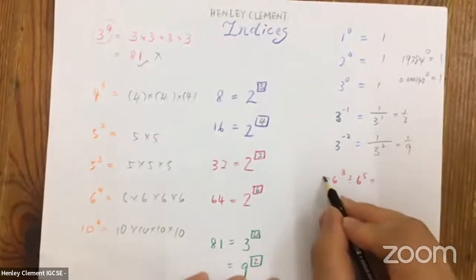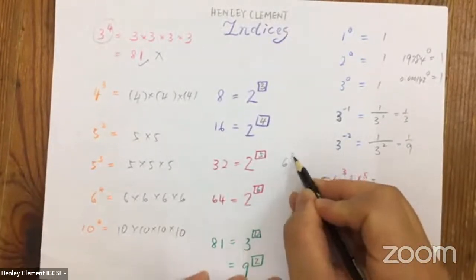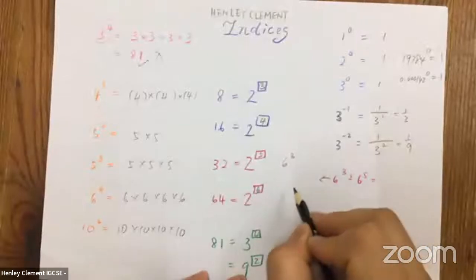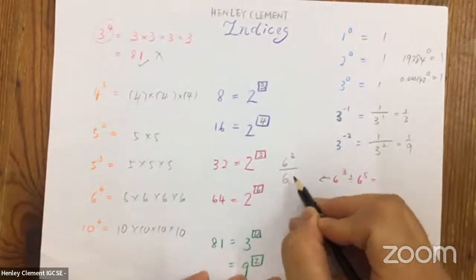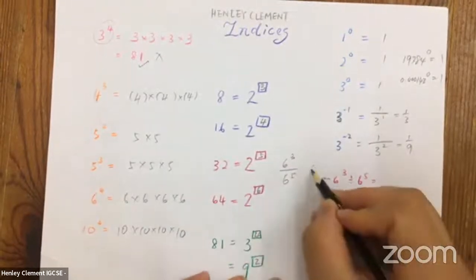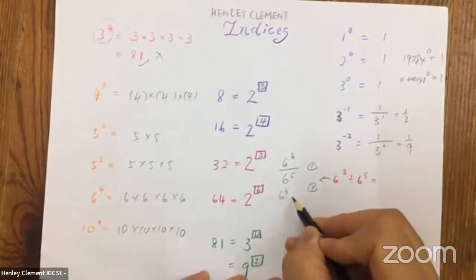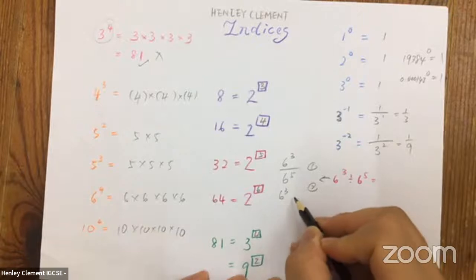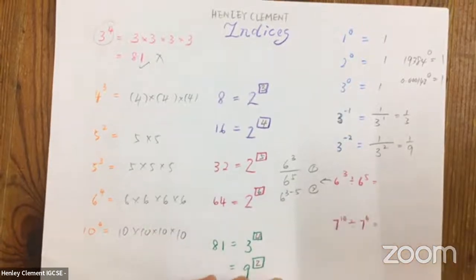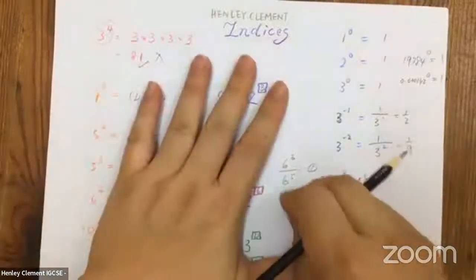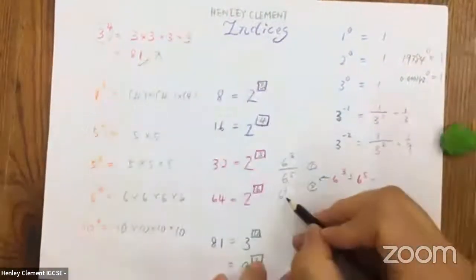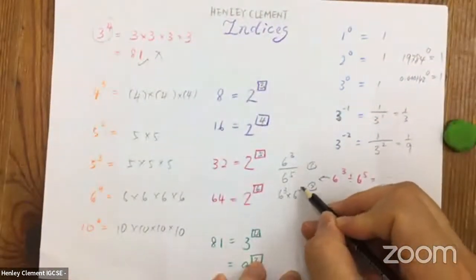This one you have another form, which is 6 to the 3 divided by 6 to the 5. This is actually 6 to the 3 minus 5, or 6 to the 3 times 6 to the minus 5.